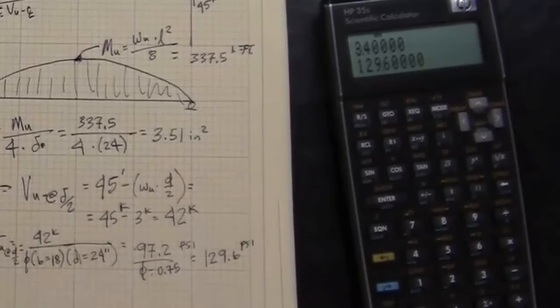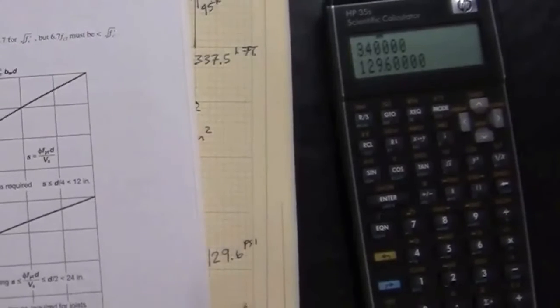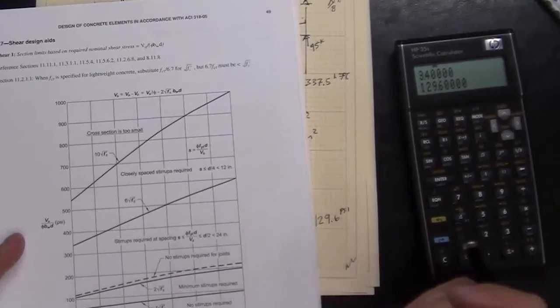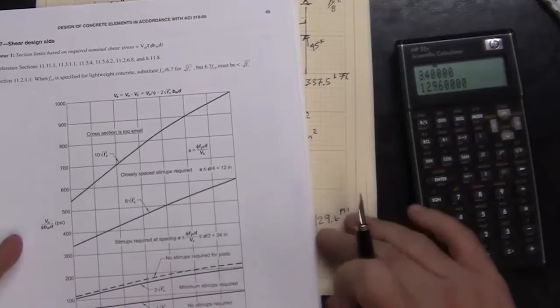So I'm already going to be really in this range where it's minimum stirrups. I'll go ahead and calculate it.